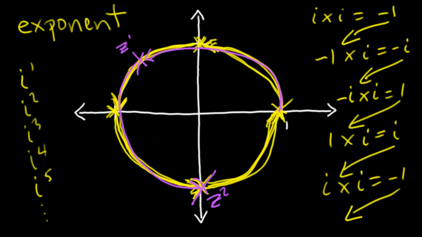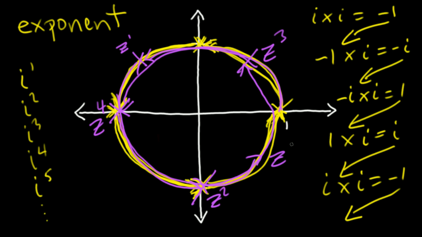If we were to multiply by z again, we would go around 3/8 and end up over here. That's z cubed. If we were to multiply again, 3/8 of the circle is over here, z to the fourth, z to the fifth would be over here. We keep going around and around and around the circle.